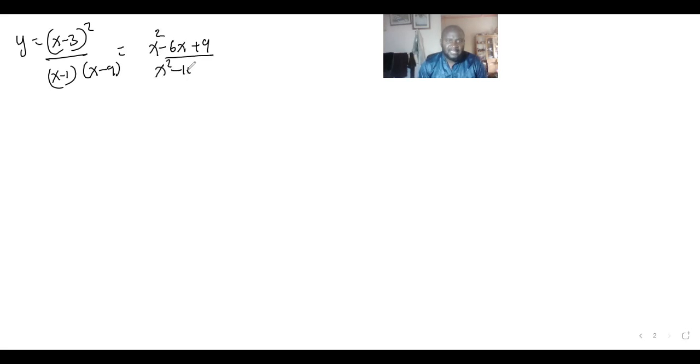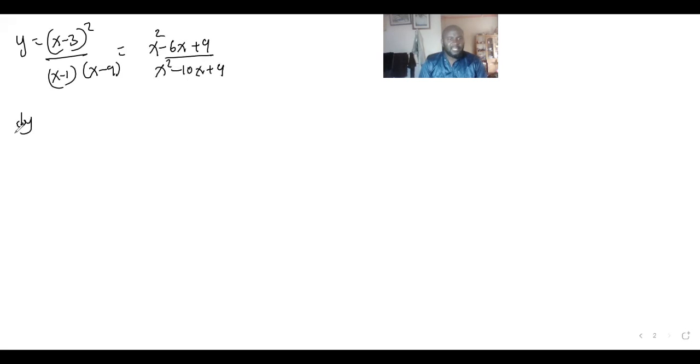Let me use this one. I actually have not done an example using differentiation with turning points. What if I go for Ukasha's method? It would be (x squared minus 6x plus 9) over (x squared minus 10x plus 9).